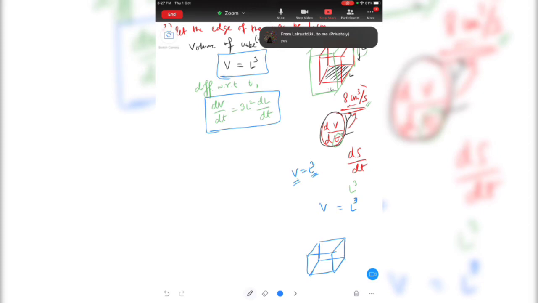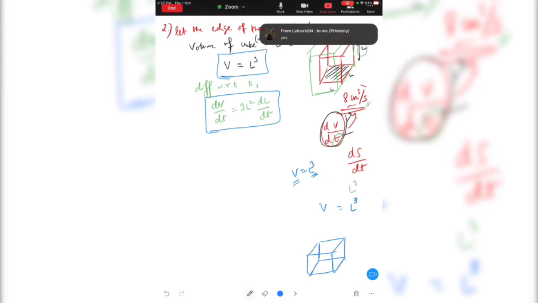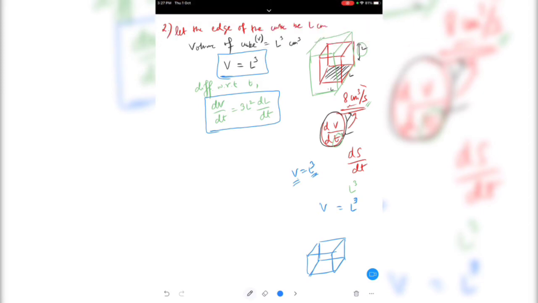Now you see here. V is equal to L cube. Now if I differentiate volume with respect to time, it will be dV/dt. Now again, if I differentiate L cube with respect to time: differentiation of x cube is what? 3x square. So differentiation of L cube will be 3L square.